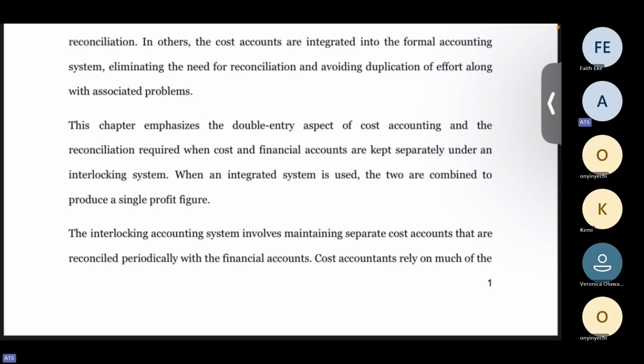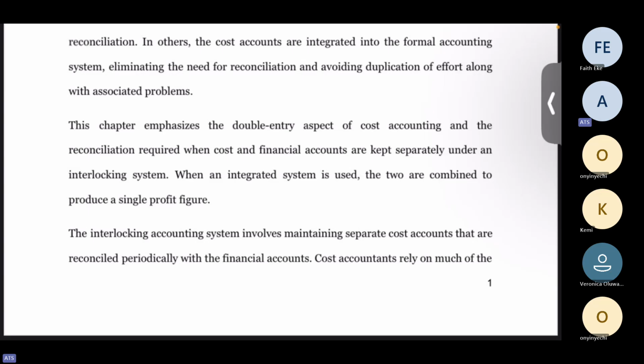You integrate those entries, so you prepare one statement for both the cost accountant and the financial accountant. When you want to make decisions related to costing, you go there; when you want to make decisions related to financial accounting, you go there. Do you understand? In most cases, this is maintained by smaller companies.